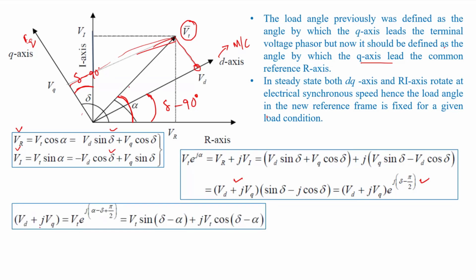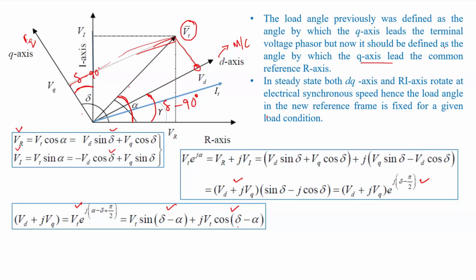In terms of the terminal voltage, VD plus jVQ is VT e to the power j of alpha minus delta plus pi by 2, which equals VT sin of delta minus alpha plus j VT cos of delta minus alpha.